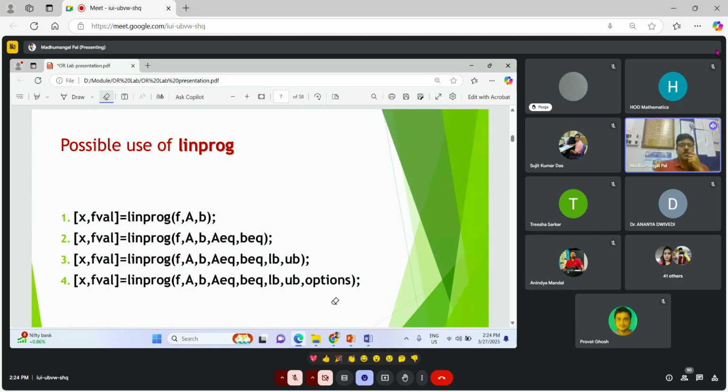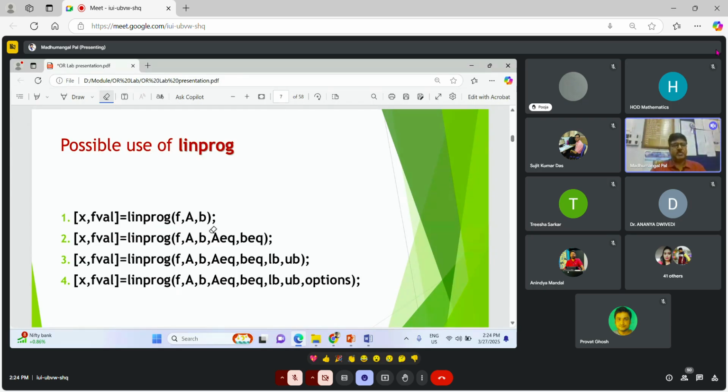Okay, so what are the possible uses of linprog? That means the possibilities of the arguments. In the first one, the function name is the same, linprog, but the number of arguments is three: f, A, and b.